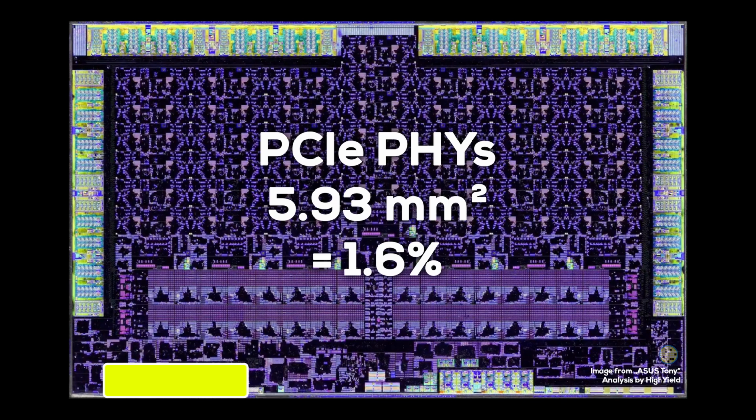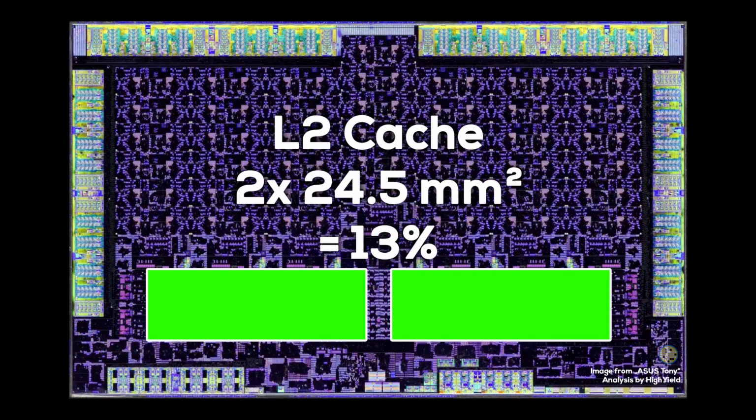Nvidia uses about 5.93 square millimeters or 1.6% of GB203, almost the same area as on Navi 48. The cache is also very close. 64 megabytes on Navi 48 used 52.55 square millimeters, while 64 megabytes on GB203 used 49 square millimeters or 13% of the chip. But keep in mind that my Navi 48 measurements are most likely on the larger side.